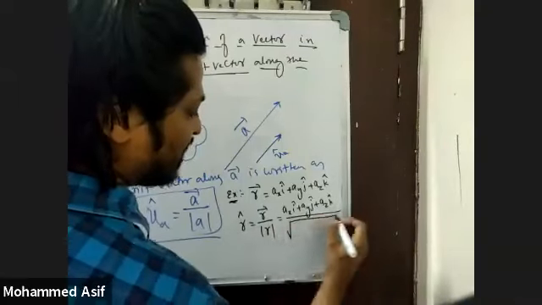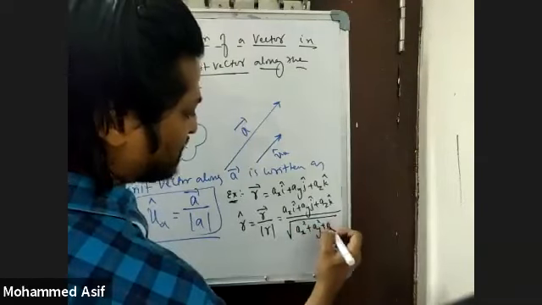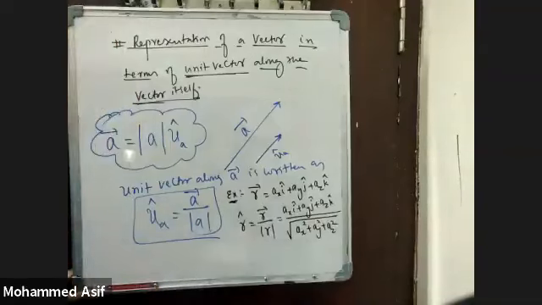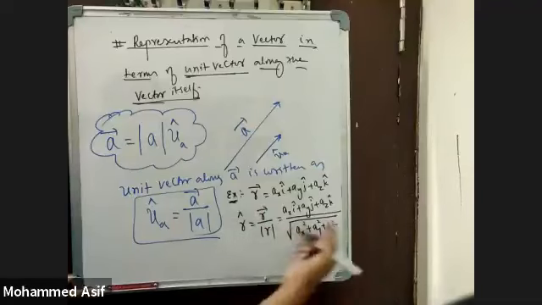Magnitude of this one means under root of AX square plus AY square plus AZ square, because i is a unit vector, so its magnitude is nothing but 1.